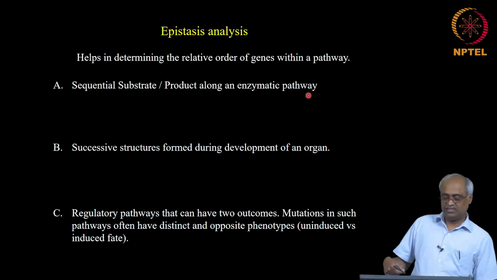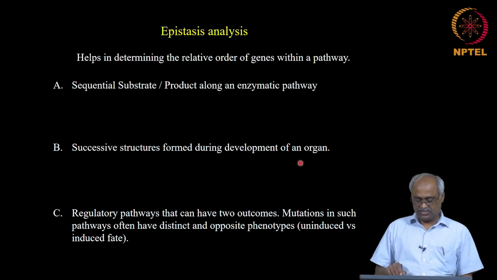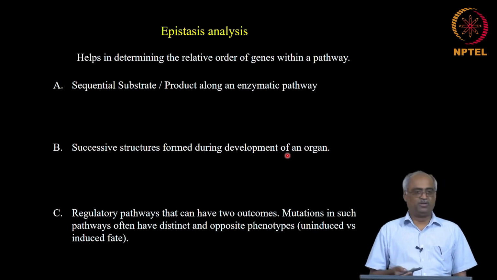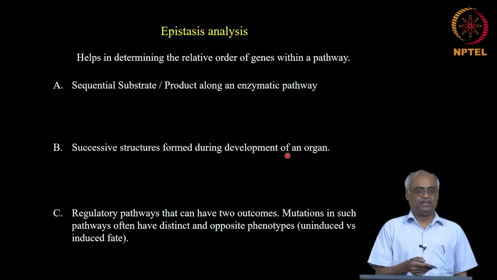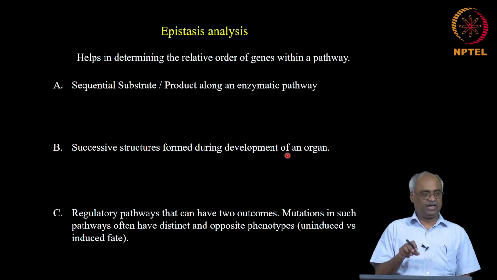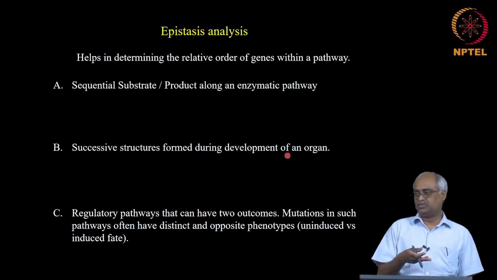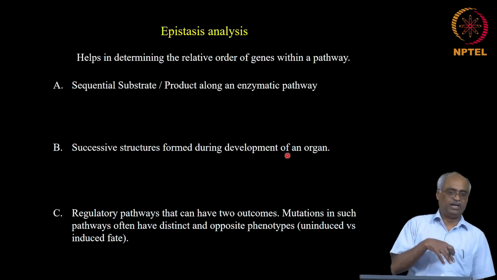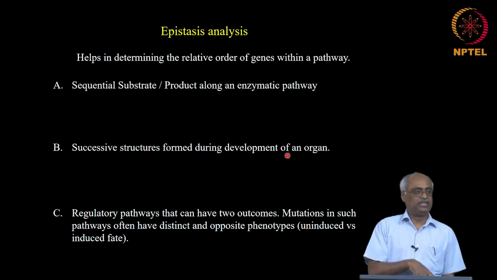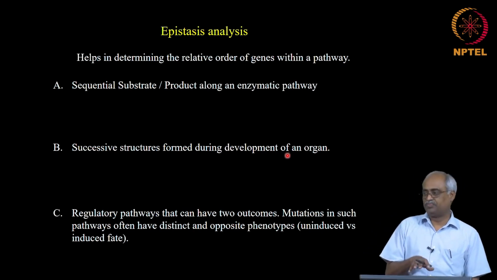And then you also know successive structures formed in the development of an organ. So, in our example organ, like for example vulva development, you have to have P and Ps, like only if you have them you can have the induced fates as well as the uninduced fates, and only if you have those fates you can actually end up making the different cell types that make up the vulva.